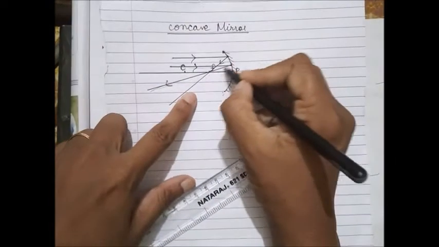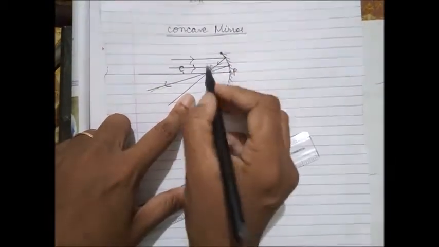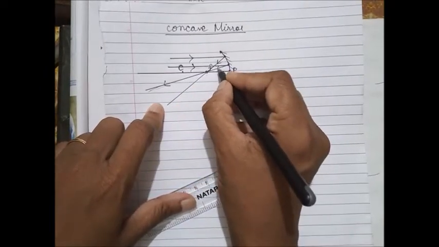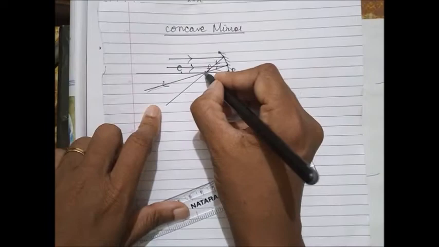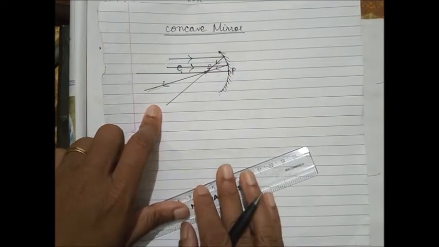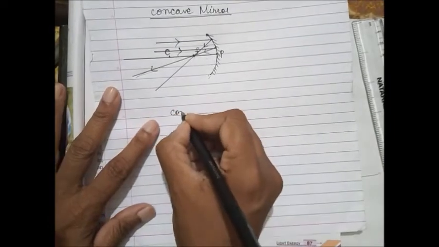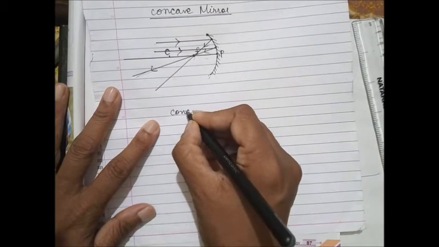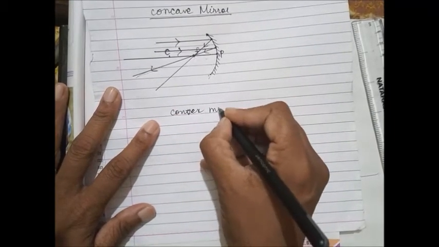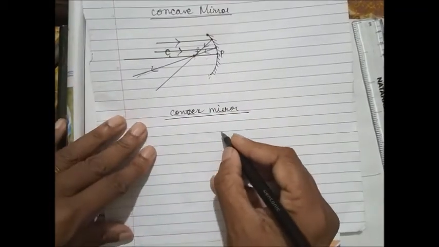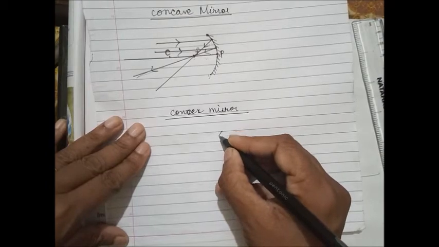Now, both of them meet at a point and that point is called the principal focus. Is it clear, children? So, now how do you draw for a convex mirror? For a convex mirror, same way, you choose 5 lines, but you draw a mirror like this.